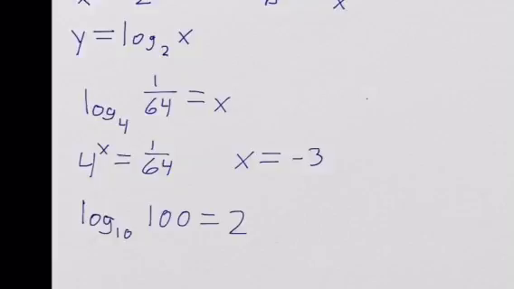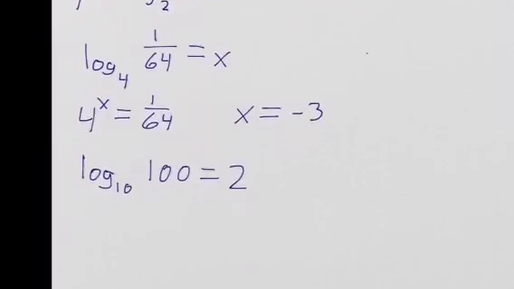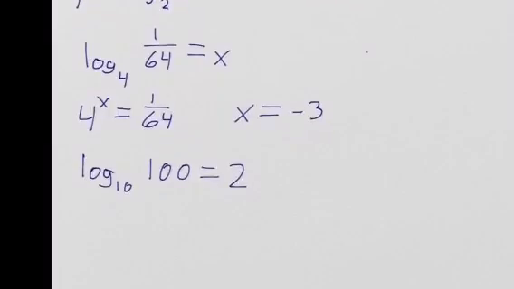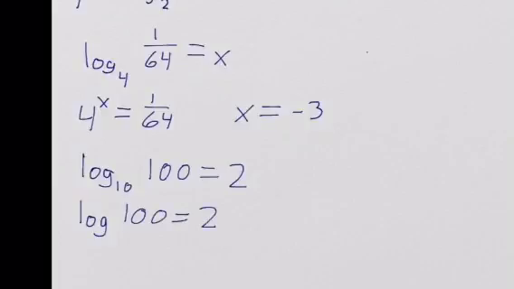But 10 is such an important number to us that we're not going to write log base 10 every time we need to take log base 10. We're just going to write log. So we'll say log of 100 equals 2. So anytime I don't put a base on a logarithm, it's assumed to be base 10.